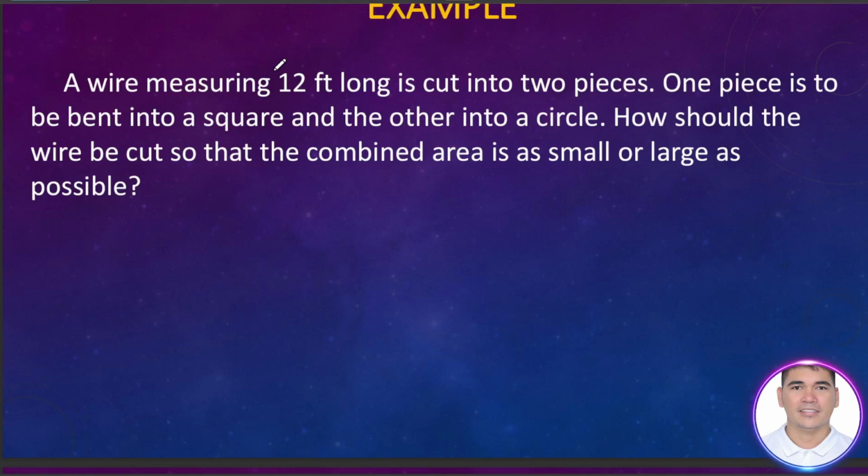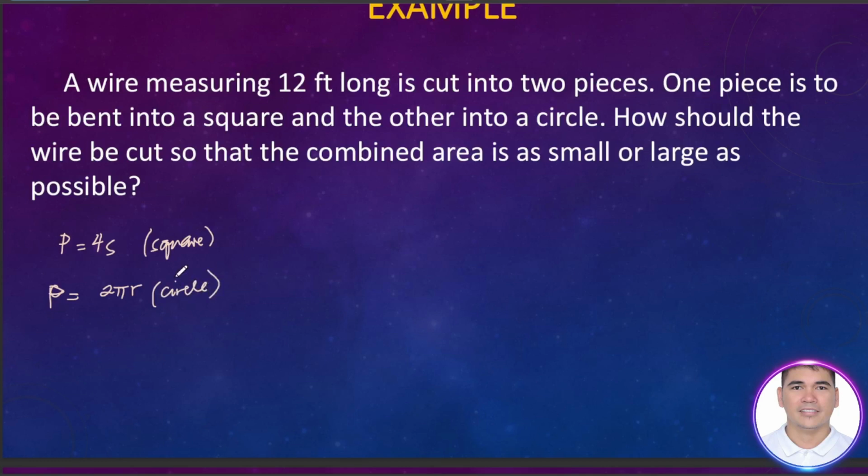Therefore, the problem requires the formulas for the perimeter of both the square and the circle. The perimeter of the square is P equals 4s, and for the circle, P equals 2 pi r.